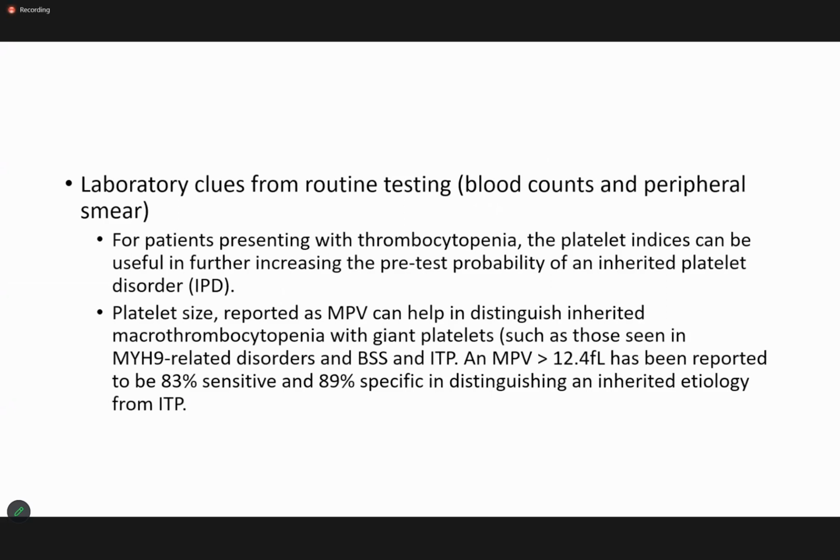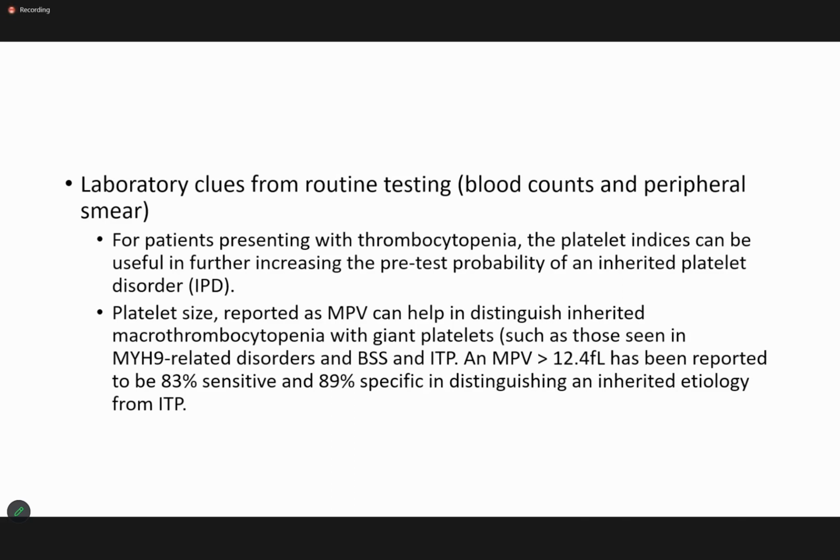And for peripheral blood in patients presenting with thrombocytopenia, the platelet indices can be useful in further increasing the test probability of an inherited platelet disorder. Platelet size, which we report as MPV, can help to distinguish inherited macrothrombocytopenia with giant platelets, for example in MYH9-related disorder and Bernard-Soulier syndrome, from ITP.